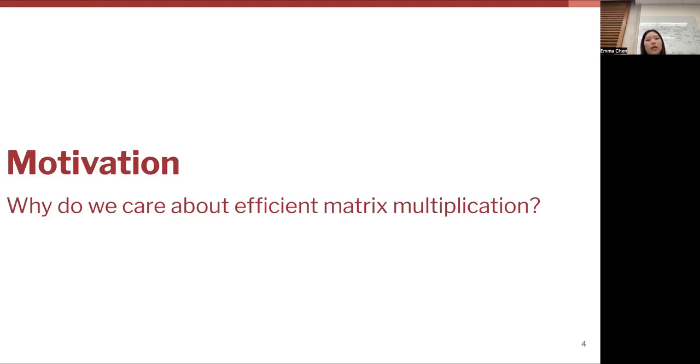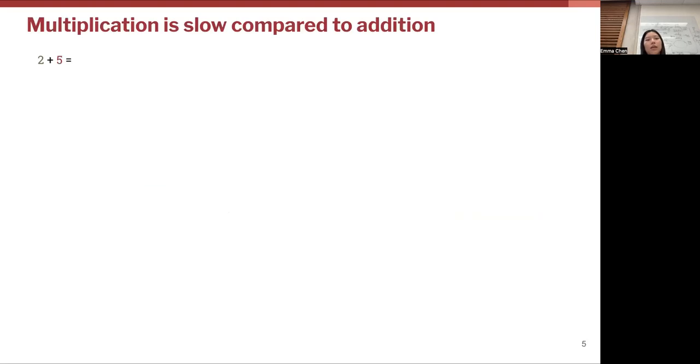So why do we even care about efficient matrix multiplication, or why multiplication specifically? It's really because multiplication is slow compared to addition. So imagine we are doing an addition simply as 2 plus 5 in a computer.